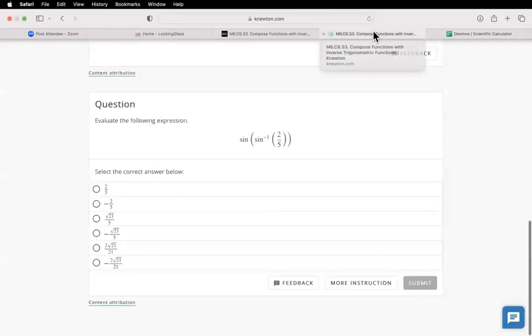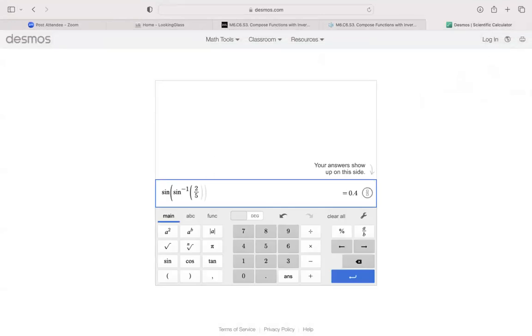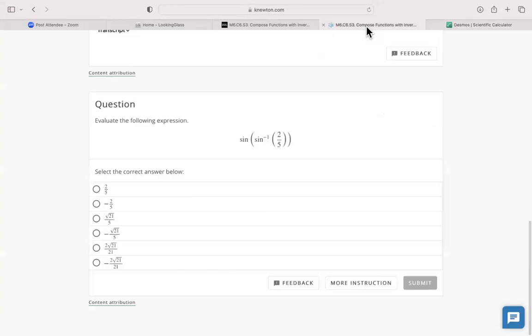Point zero four. See where your answers show up on the side, there's a little arrow. Hit the fraction thing there. It'll convert it to a fraction for you if it can.